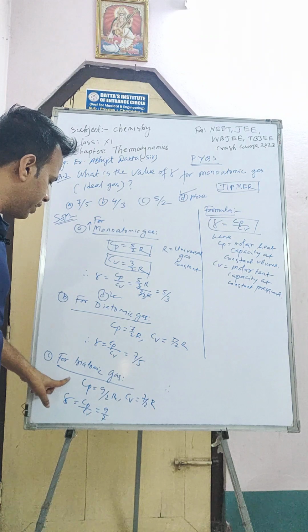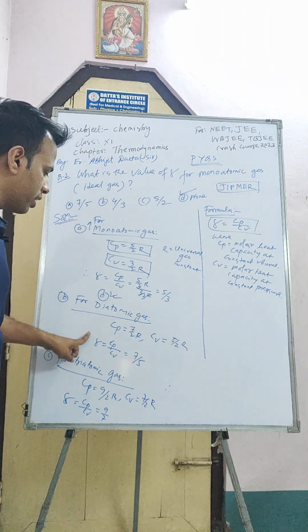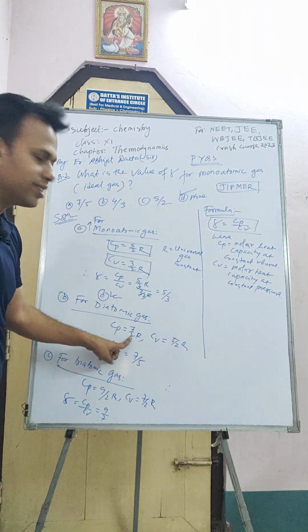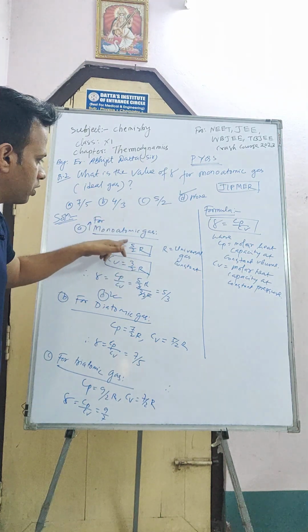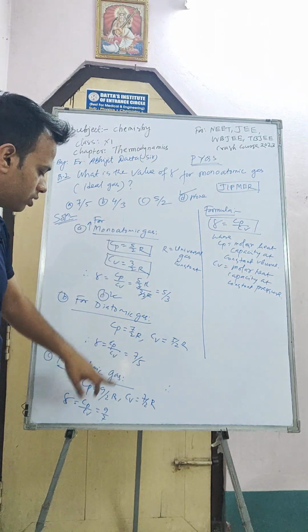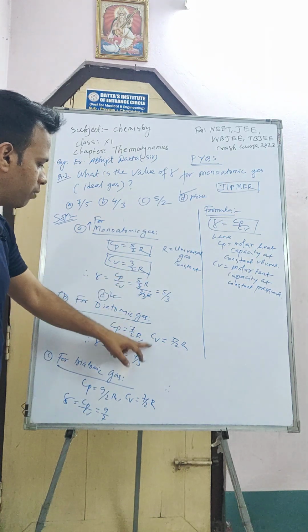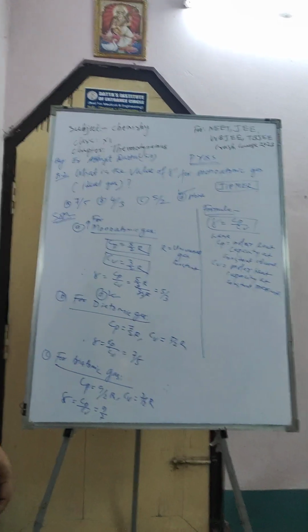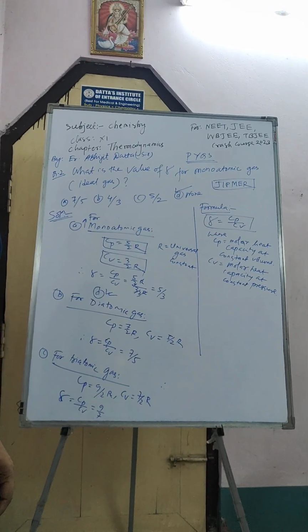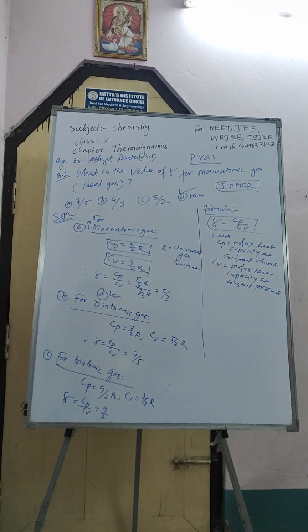And for triatomic gas, Cp will be that for diatomic gas plus 1. That is, if you increase by 2 in the numerator, it is in AP: here it will be 3 by 2, then 5 by 2, then 7 by 2, and 9 by 2. So you have to remember this in this way. Whatever method you have, remember it in this way. Okay, so move on to the next question.